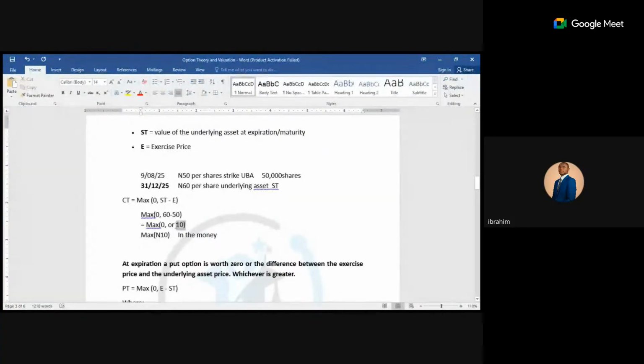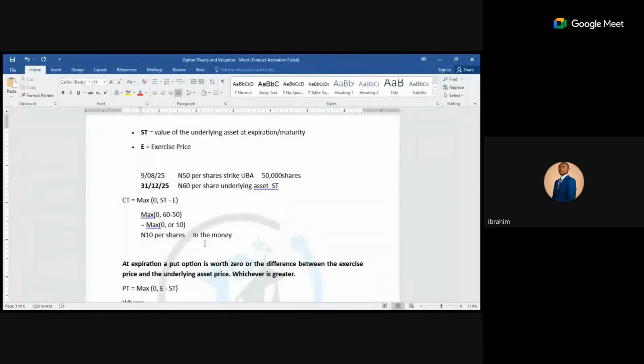We've already said 10 naira is greater. Is that not so? 10 naira per share is the price of the call option at maturity.